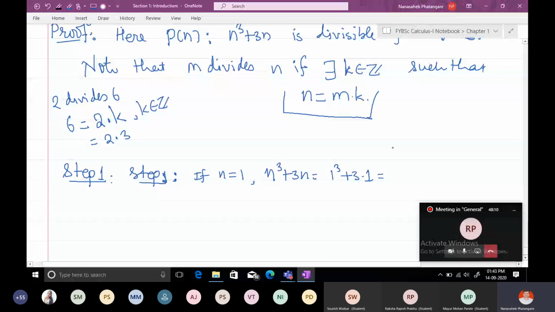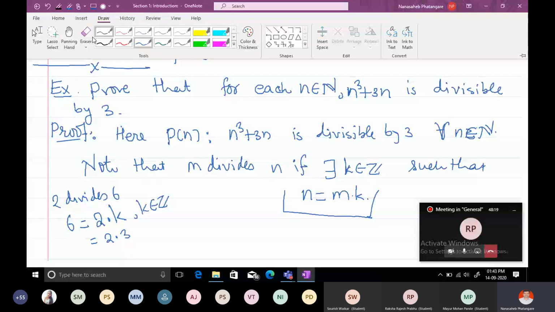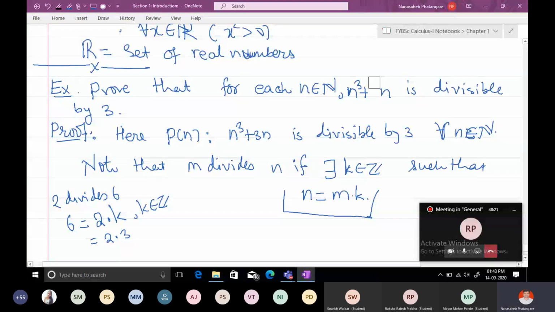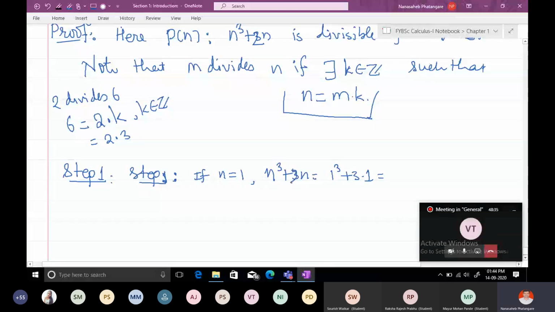Oh sorry, let me correct it. It is not 3 times n, it should be 2 times n. So it is n cube plus 2n, and what is it for n equal to 1? It is 3, which is divisible by 3.